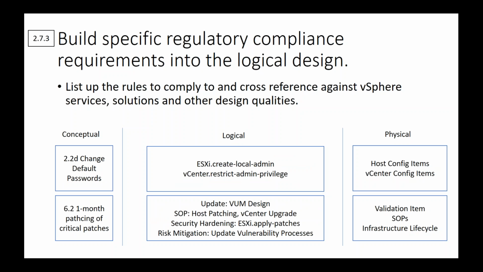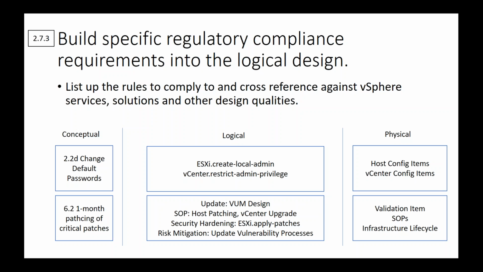So let's use PCI DSS as an example. If you just take requirement 2.2D, where the requirement is to change the default passwords, this can be addressed with a specific guideline item from the security hardening guide. But if we follow requirement 6.2, where it states that all critical patches need to be applied within 1 month, this needs to be addressed within the standard operating procedures to reduce any risk of misconfiguration during patching.